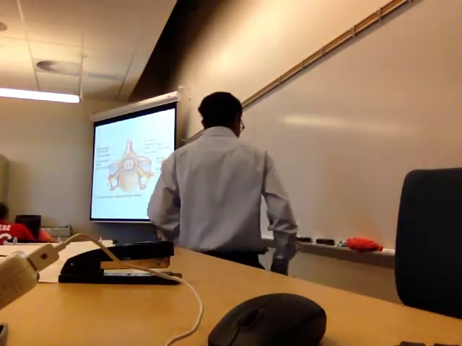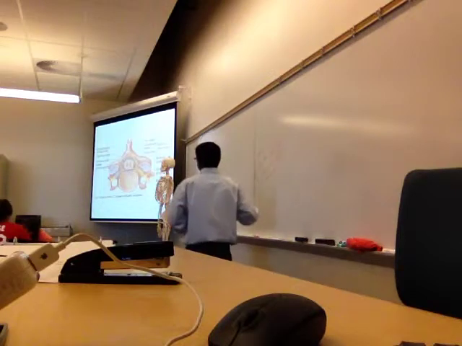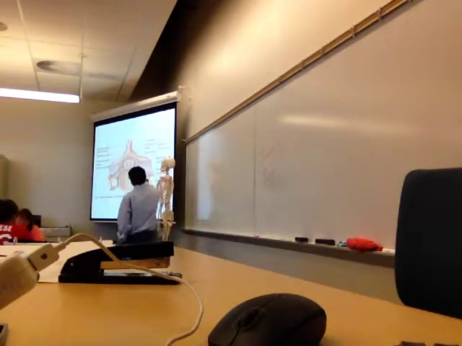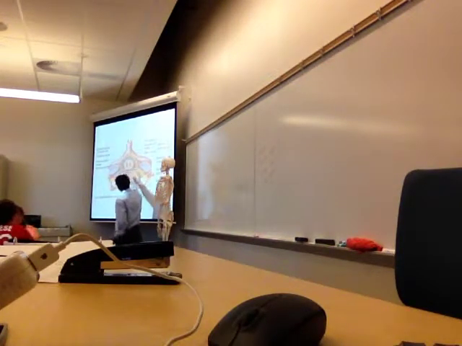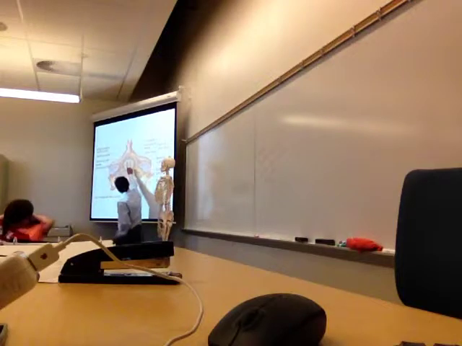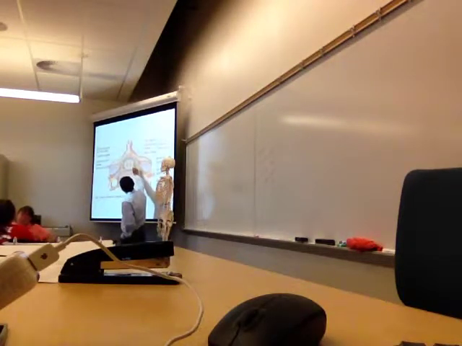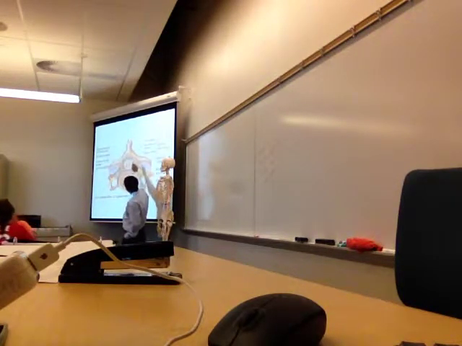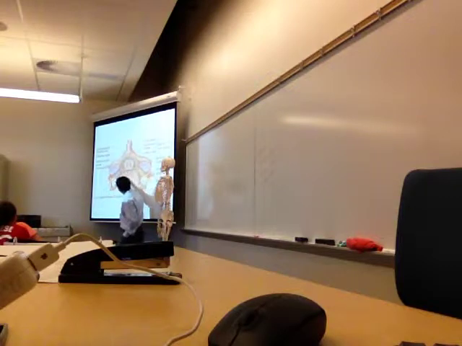So here you see the structures protecting the spinal cord. So this is a cross section. If you cut the vertebral column like this and see, this is the spinal cord. Now we'll see from outside to inside which structures are protecting the spinal cord. First, the vertebrae, the bone.